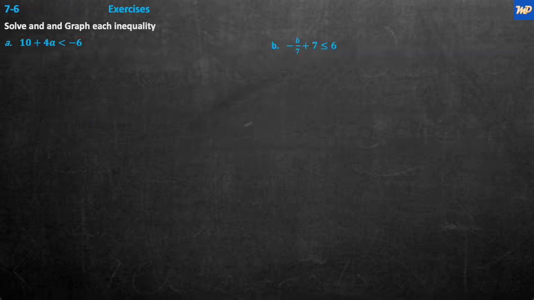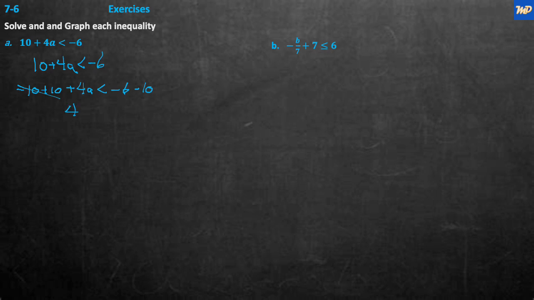Okay, so we're going to finish up this section by doing some exercises. Solve and graph each inequality. Starting with A here, we have 10 plus 4A is less than minus 6. So we're going to move the 10 to the right side so we can get the A by itself on the left side. So minus 10 plus 10 plus 4A is less than minus 6 minus 10. The 10s cancel.